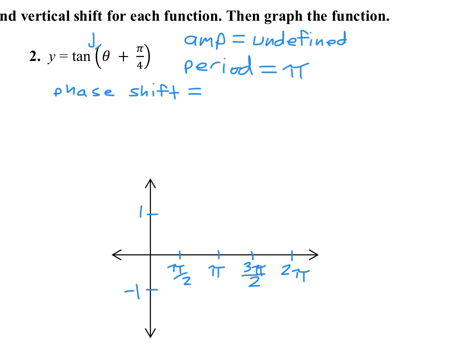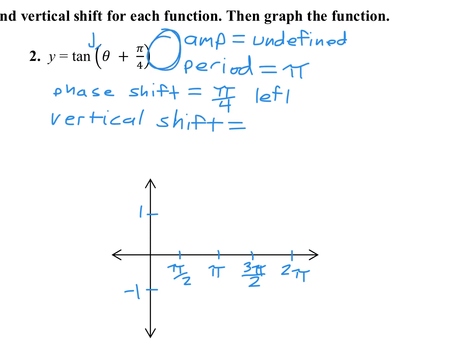So because this one's positive, this one's going to the left. So this one's going pi over 4 to the left. And then the vertical shift doesn't have one for this one because we don't see anything over here after the parentheses. So vertical shift doesn't have one.